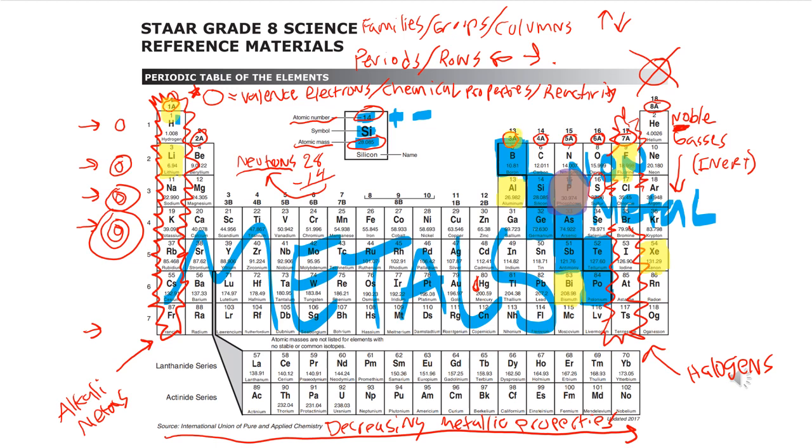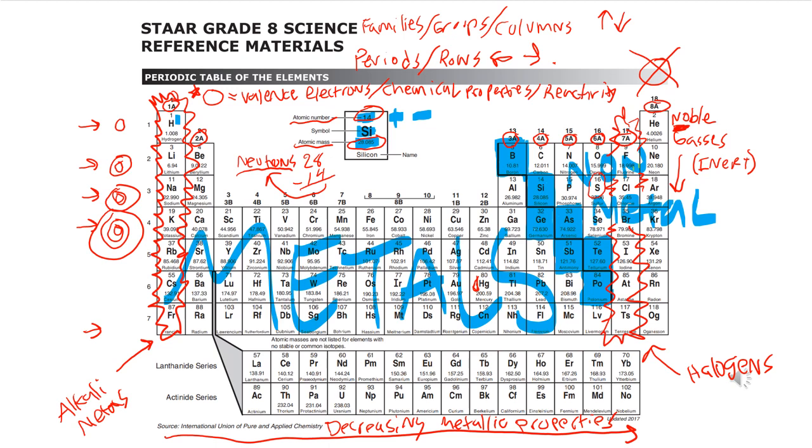Aluminum has 3 valence electrons. That's wrong. Bismuth has 5 valence electrons. That is also in the same family or column as phosphorus. That would be the right answer. Fluorine has 7, so that's wrong. And xenon has 8. So the correct answer, the one with chemical properties similar to phosphorus, would be bismuth because it's in the same family.